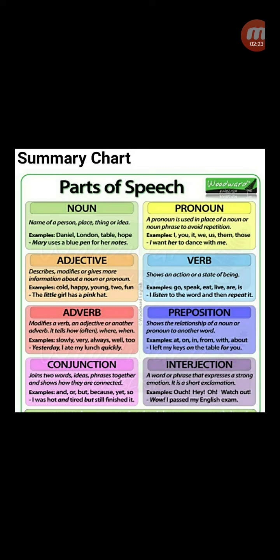Pronouns are replacers of nouns or names, you can say. I want her to dance with me. I, her, and me are pronouns. But I and me we use as a first person pronoun for our own self. Her is a second person pronoun.